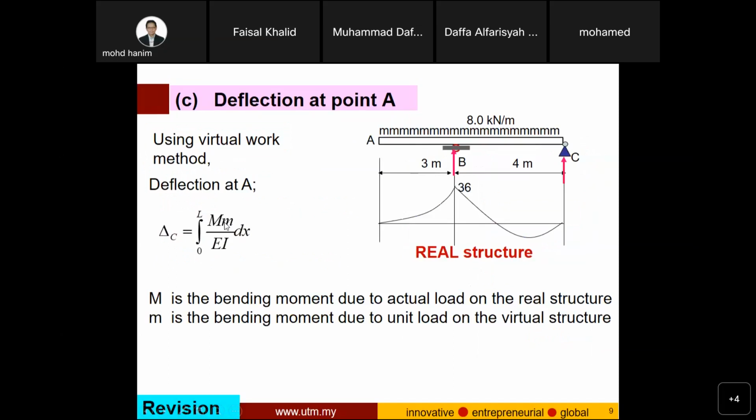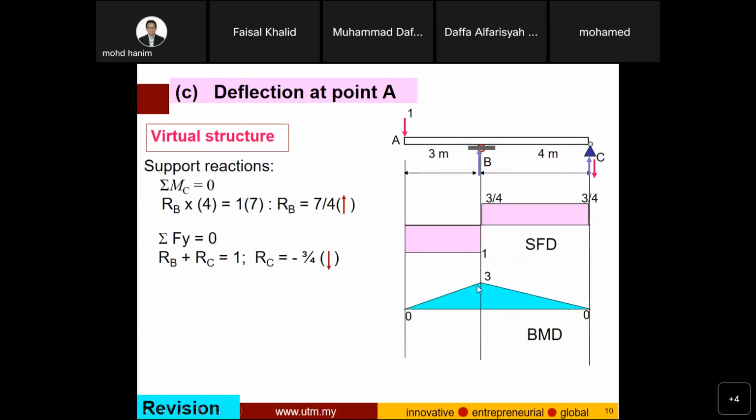M is not shear force, but to calculate the bending moment diagram, it is easier if you first draw the shear force diagram. That's why it is shown here. In this case, the bending moment at point B is equal to 3, calculated from here: 1 times 3 equals 3.